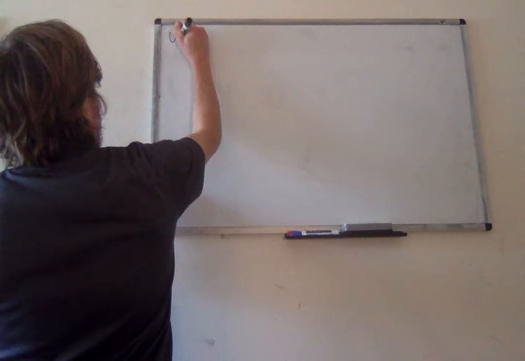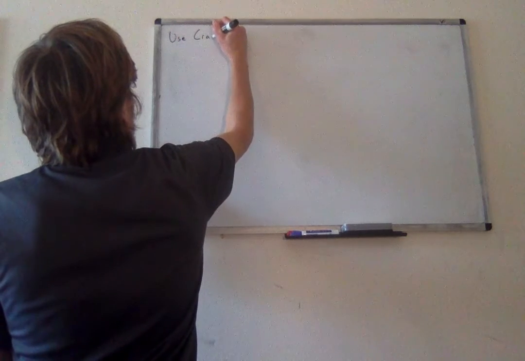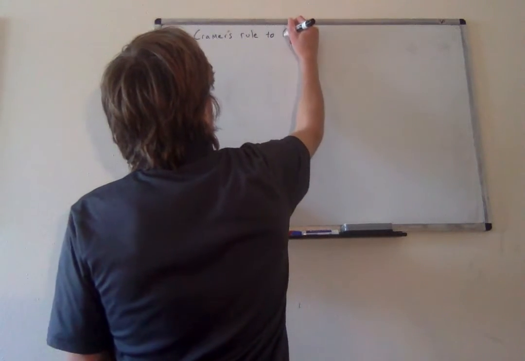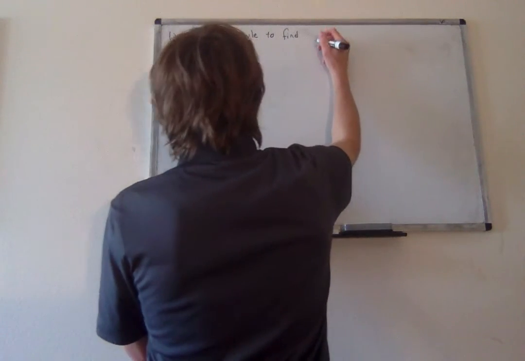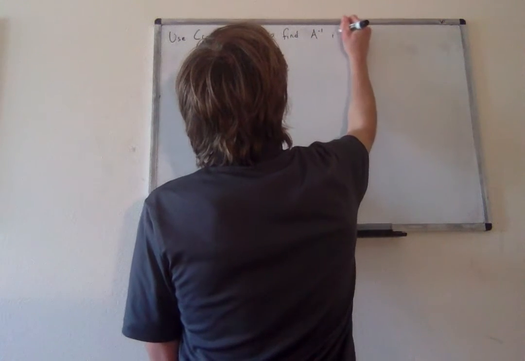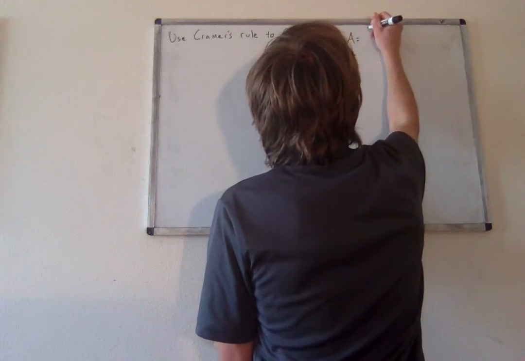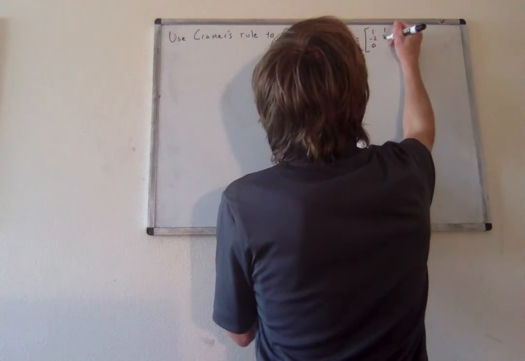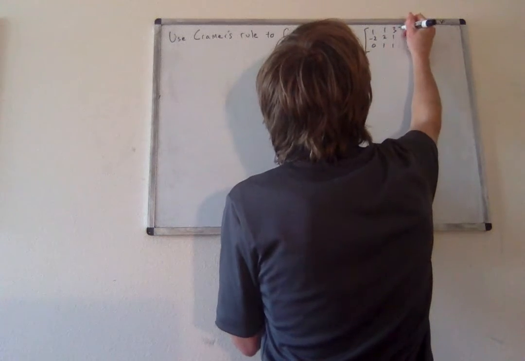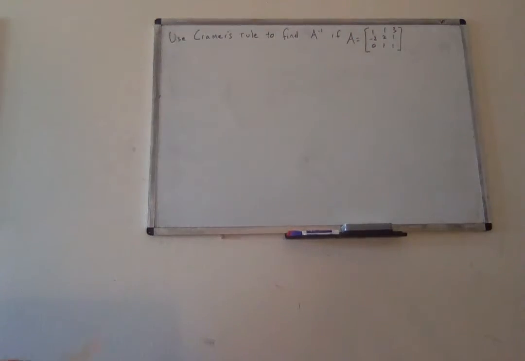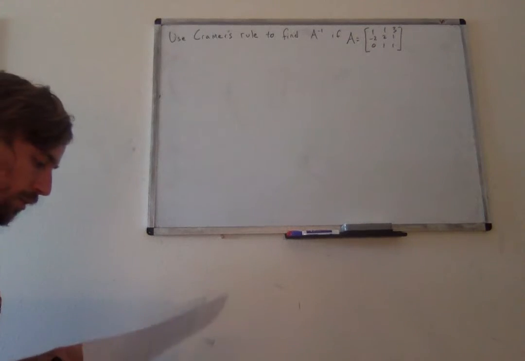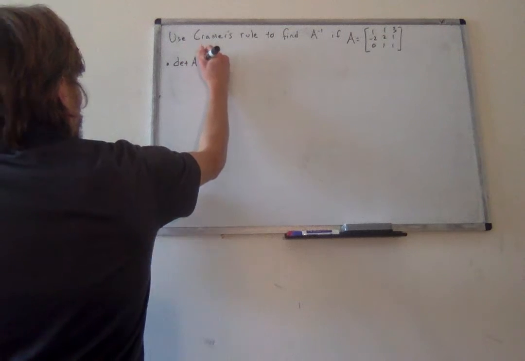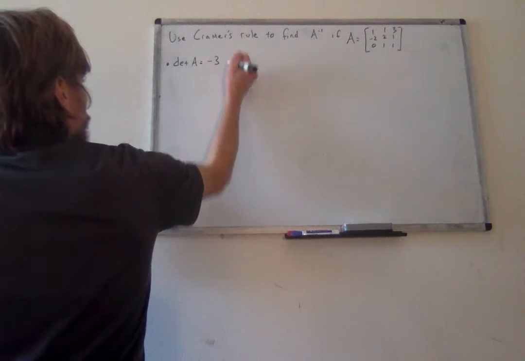So we want to use Cramer's rule to find A inverse if A is, again, the same matrix we worked with before: 1, negative 2, 0, 1, 2, 1, 3, 1, 1. We already know that the determinant of A, since we calculated it earlier, is negative 3.